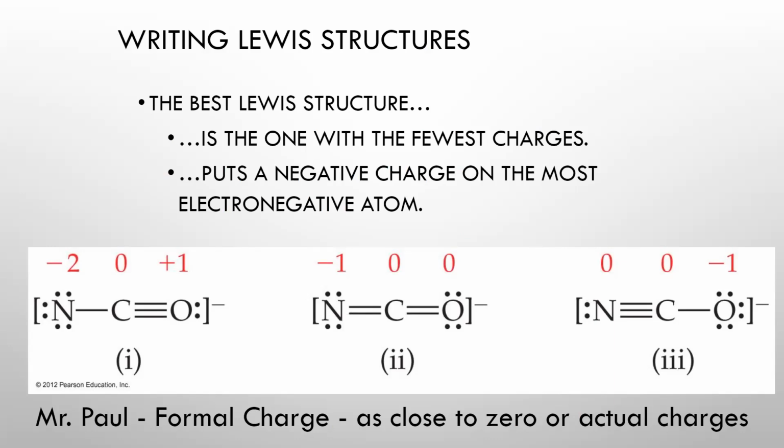Same thing with sample 2. Nitrogen has the negative, but oxygen is the most electronegative. Then we go to the third sample, where oxygen has a -1 charge, and that would be the best one since it is the most electronegative.